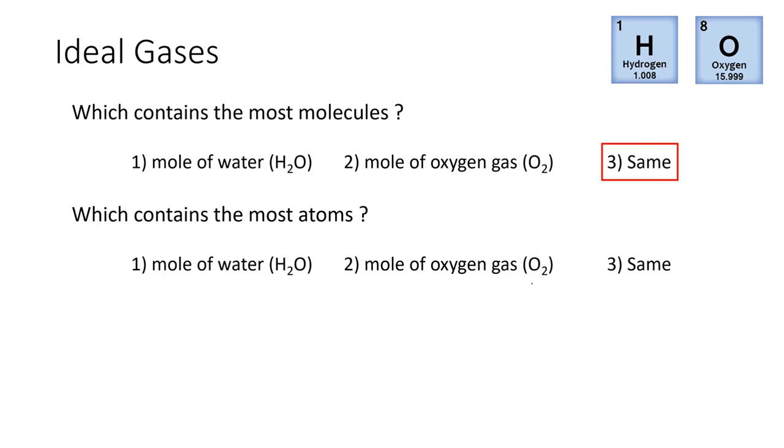It has 2 atoms in 1 molecule. So there are 2 atoms per molecule of oxygen gas compared to 3 atoms per molecule in water. Since they have the same number of molecules, if the water has more atoms per molecule, it's going to have more atoms total. So I would pick answer 1 here, 1 mole of water.